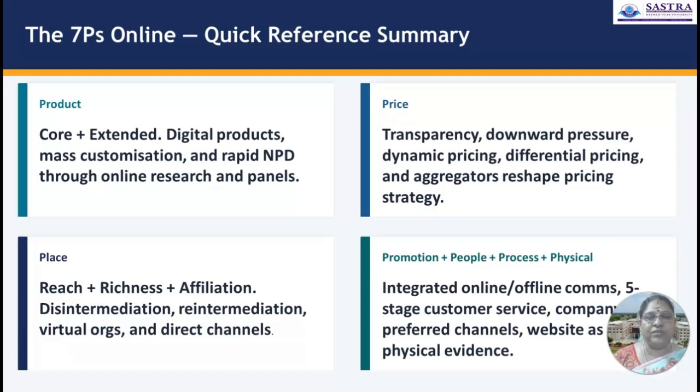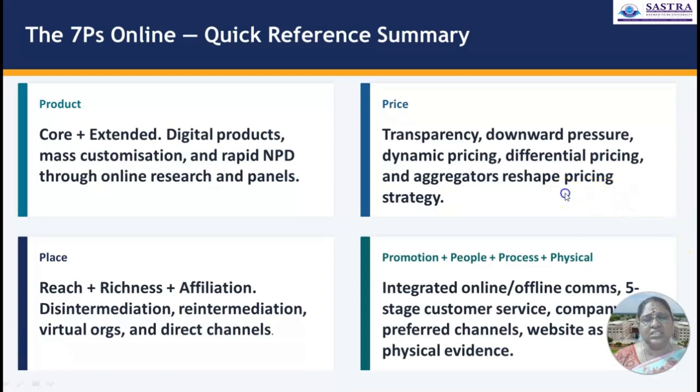And in the process, we were talking about customer-preferred versus company-preferred contact channels like WhatsApp or emails or social media, live chat, and what mechanism they have for their operational efficiency metrics. Then physical evidence, the website experience, the design, the speed, usability, trust signals as the digital equivalent of a physical service environment.